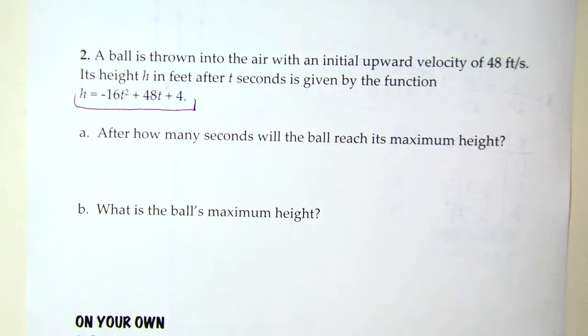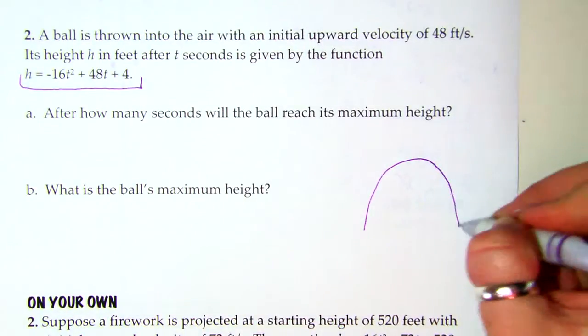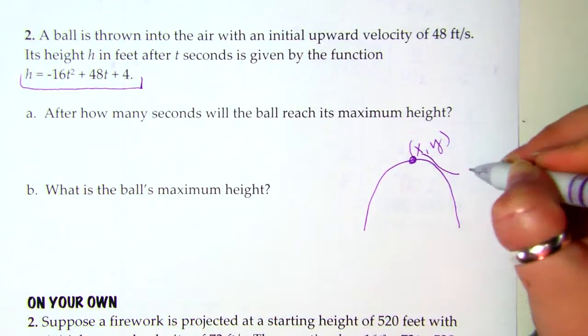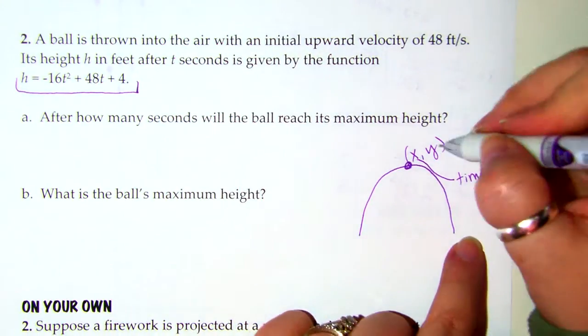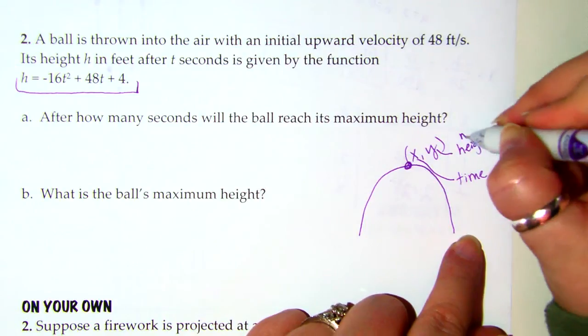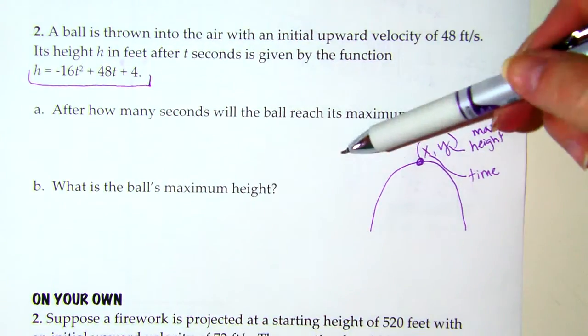So hopefully you remember from yesterday, we talked about the vertex on the parabola. The x value is always the time when it reached the maximum height, and the y value is the height. So it's basically asking us here, what is the vertex?